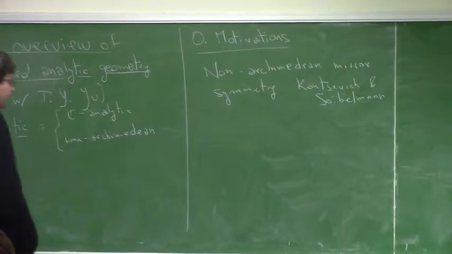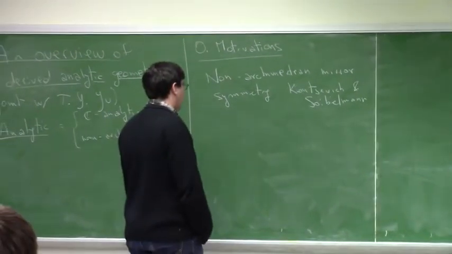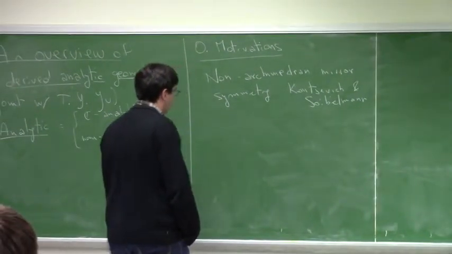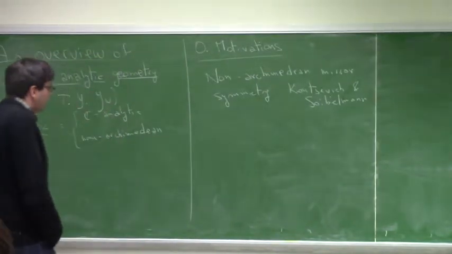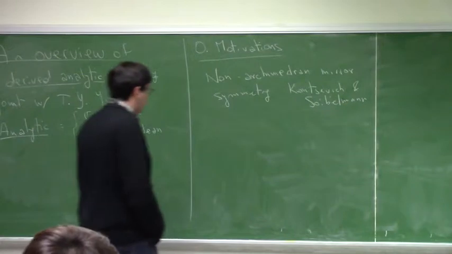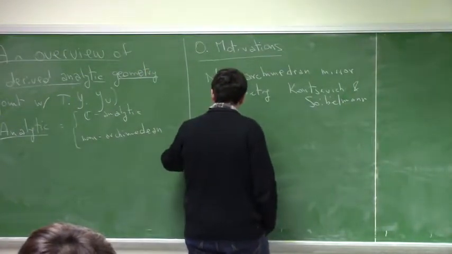Somehow, it should be easier to deal with this problem in the non-Archimedean setting than in the complex analytic one. And to actually do it, the idea is the following.